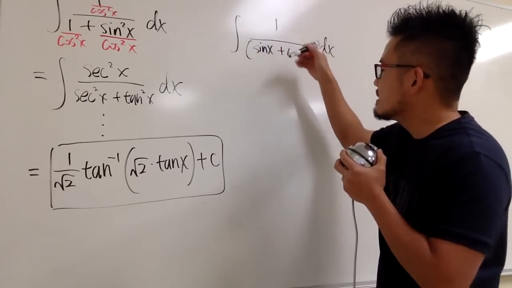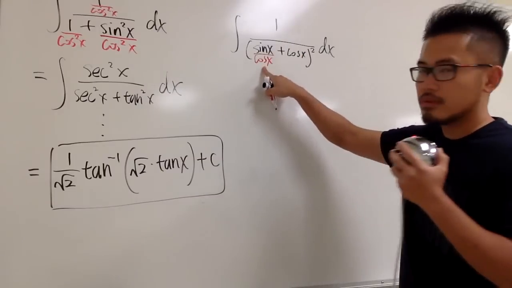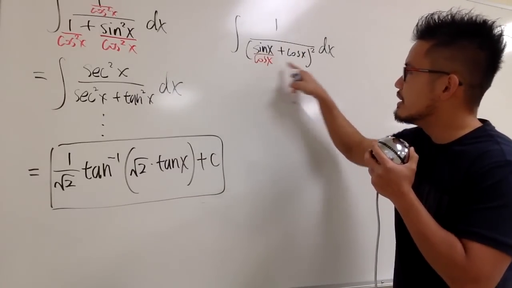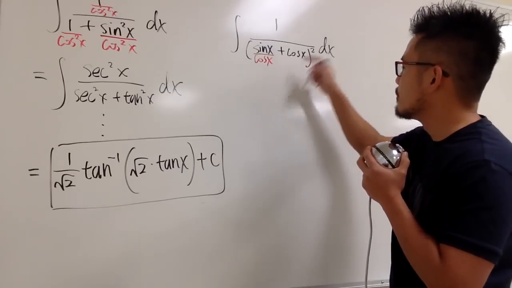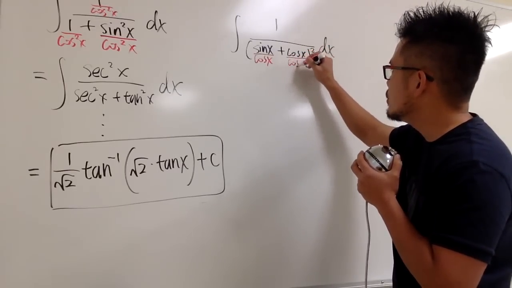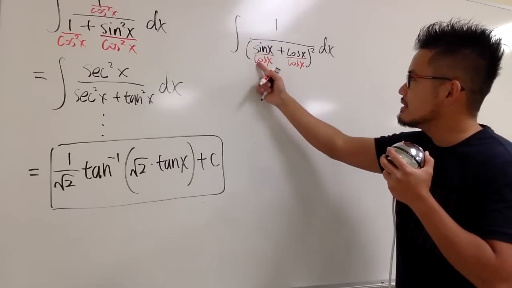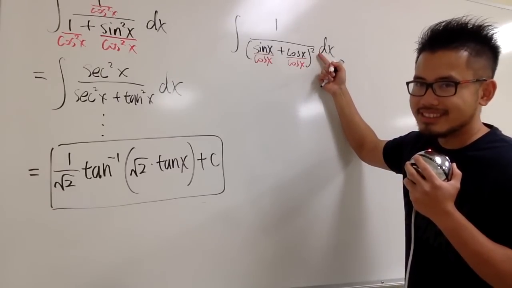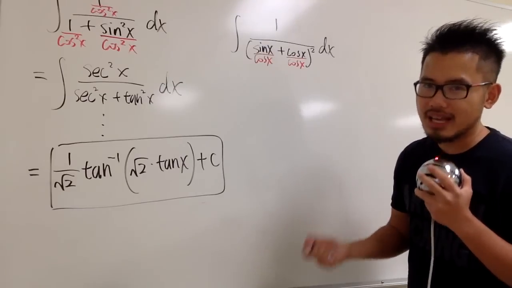Let's look at this sine x and divide it by cosine x. Keep in mind, we are dividing the cosine x inside the parentheses. Let me do the same thing right here because they are both inside the parentheses. So divide just the cosine x. However, since the parentheses are raised to the second power, technically we are dividing everything by cosine squared x.